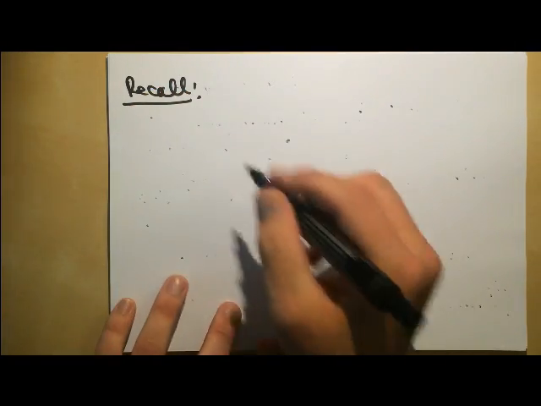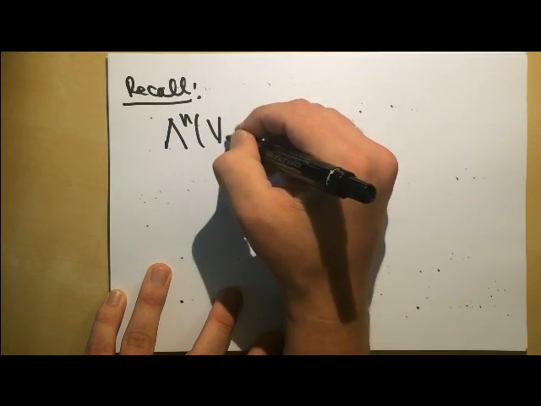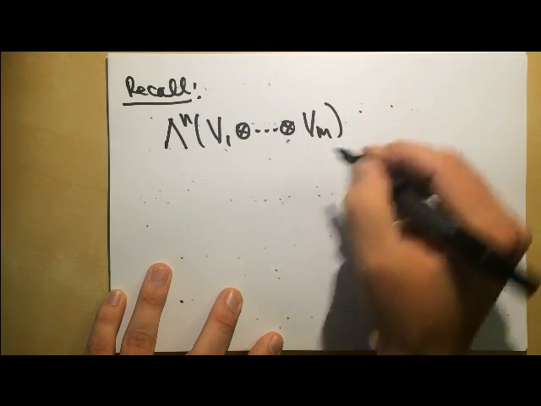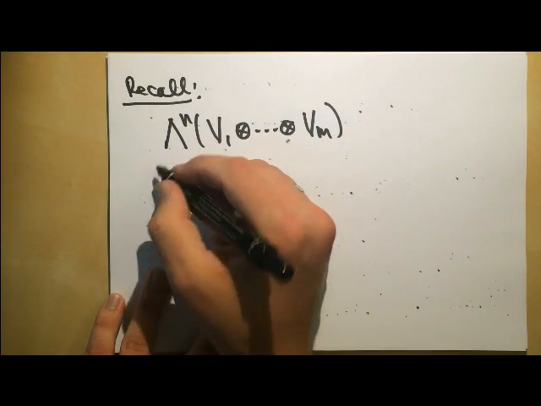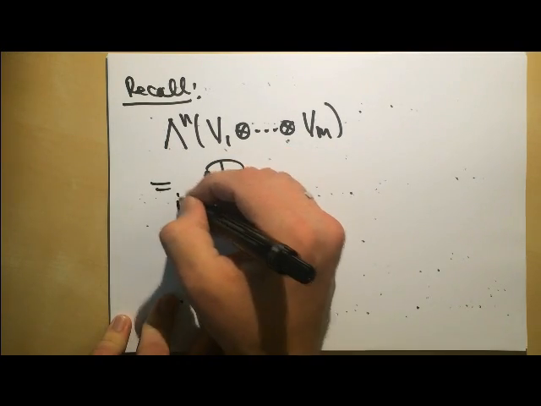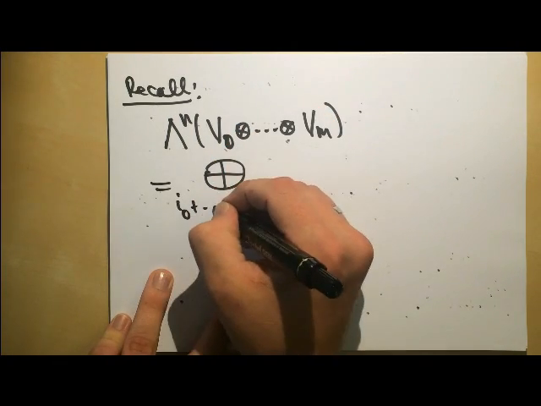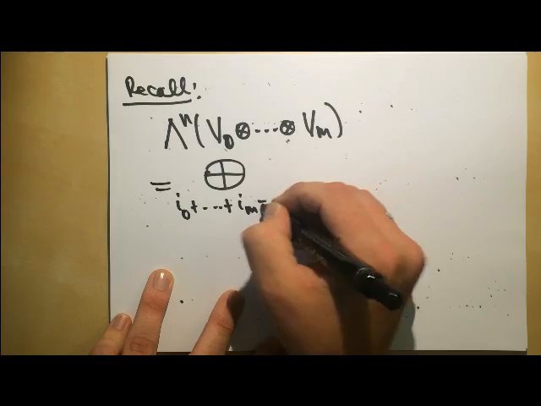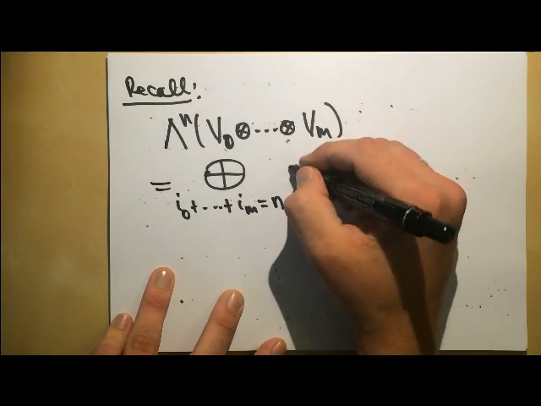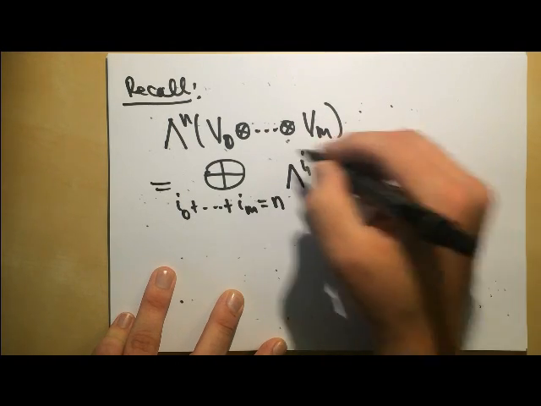Recall that if I want to take the nth wedge power of a direct sum V_1 up to V_m, say m free R-modules, this is actually going to be the direct sum over i_0 up to i_m, where this is going to be equal to n. So you just do an expansion of these things, and then we have these tensor powers here.